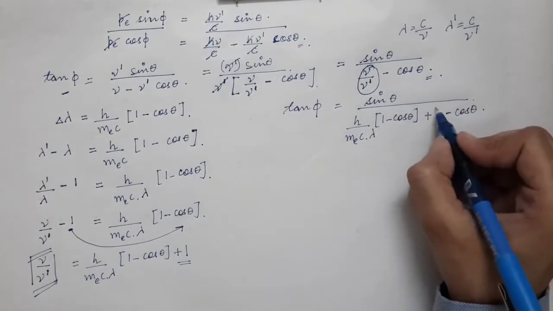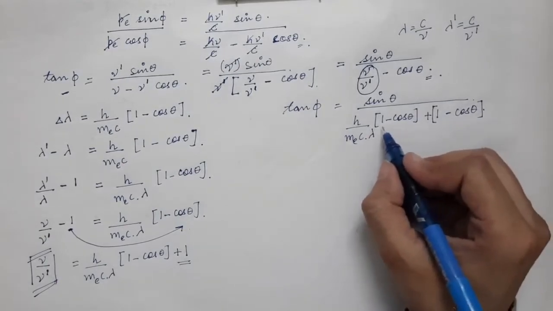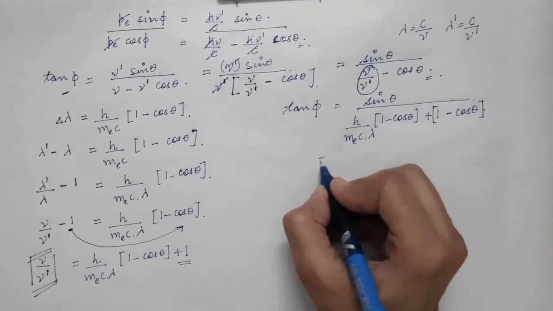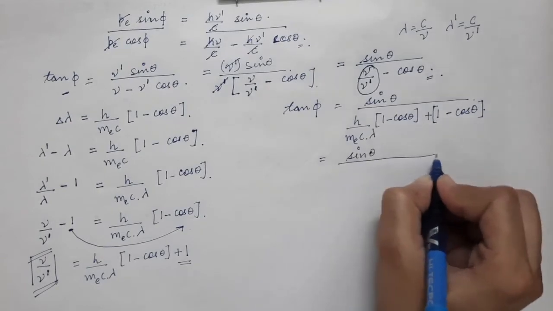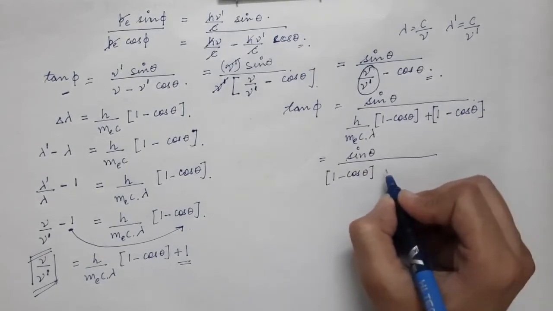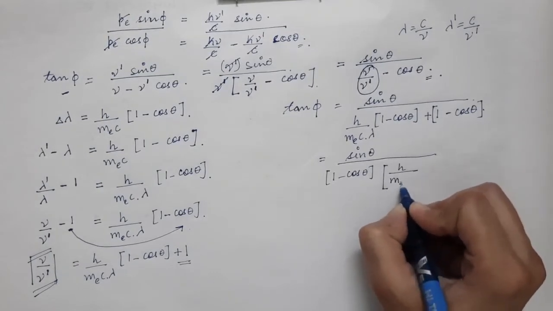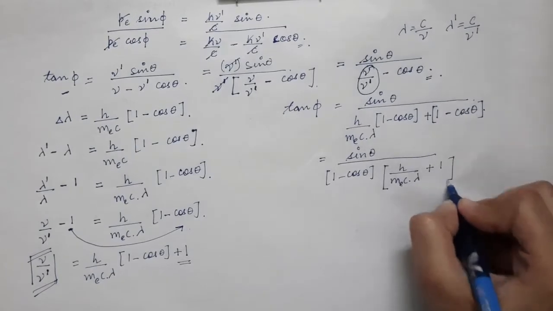So over here you can club these two terms, and you can see that we have 1 minus cos theta common in both these terms. So you can take this outside. So sine of theta as it is, divided by 1 minus cos of theta into h by mec times lambda plus 1.